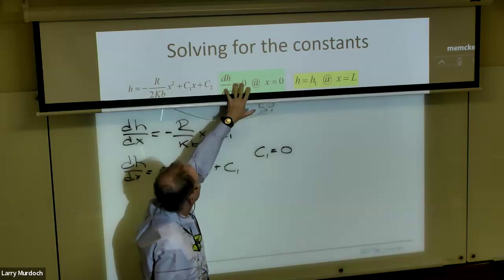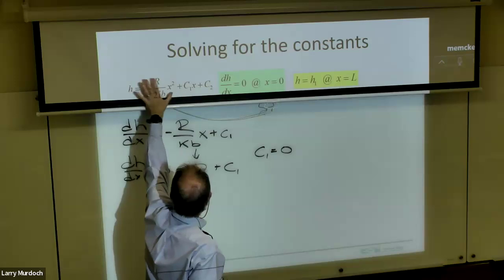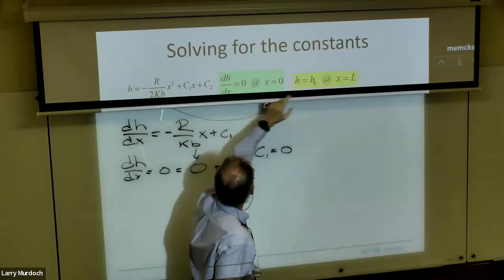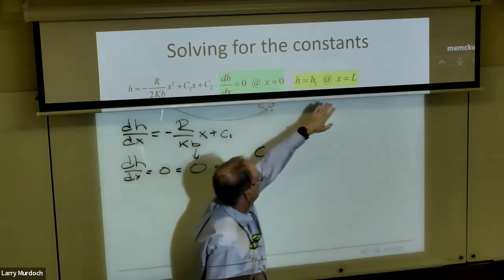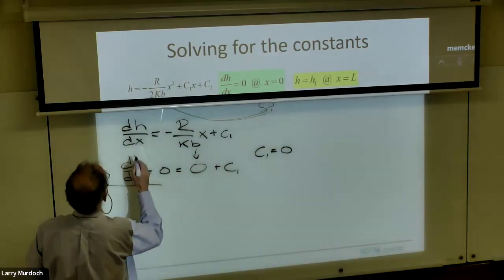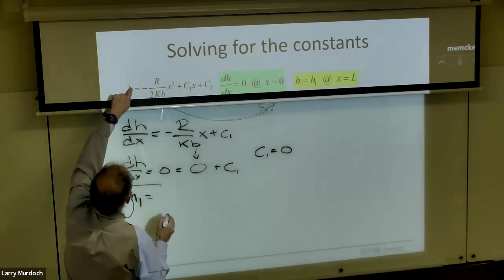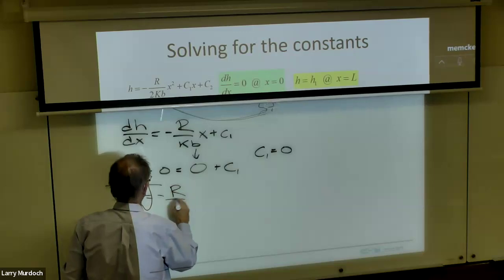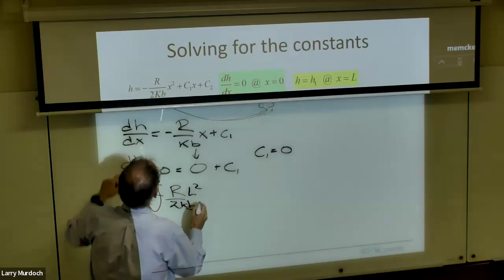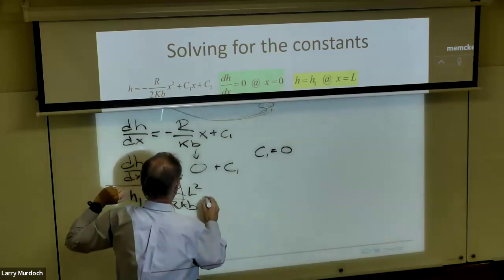All right. So we'll do the same procedure here. We're going to take the equation for heads and we'll substitute in h is equal to h1. So that's going to become h1. And then where we have x, we'll substitute in now. So this will become h1, and it's minus r over 2kb, and then x, that's L squared, right? Because we substitute in L there.